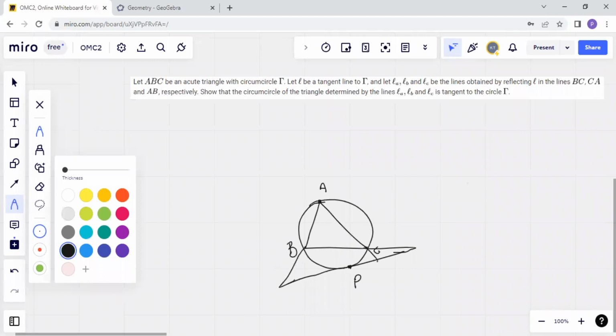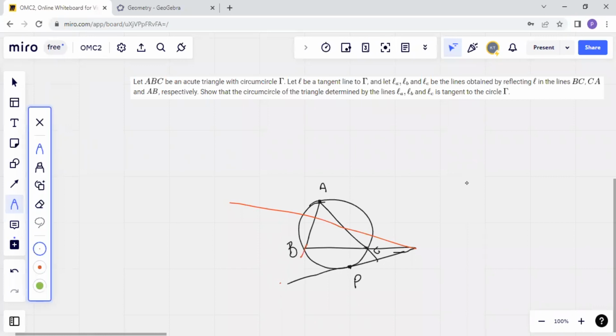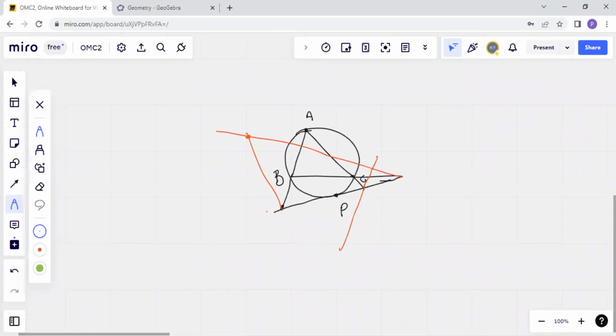It changed color because it's not a straight line.